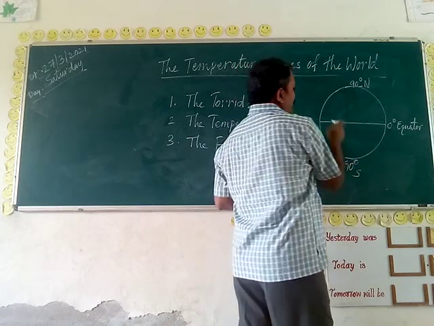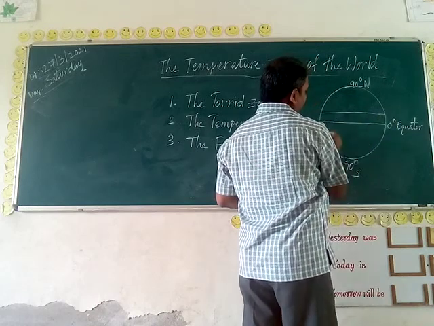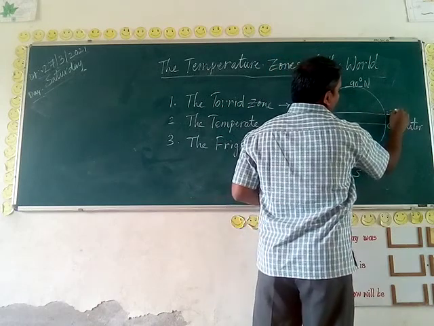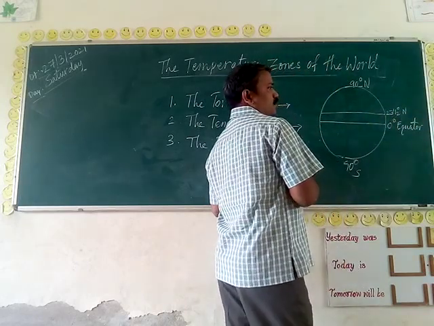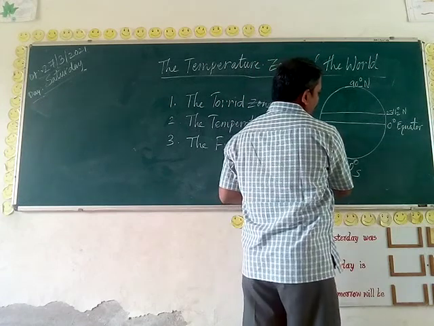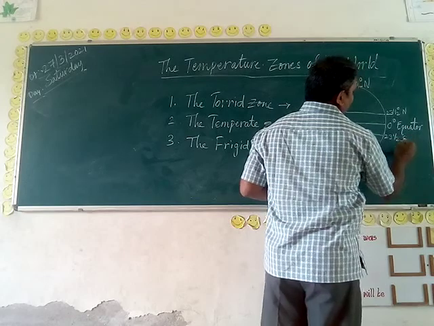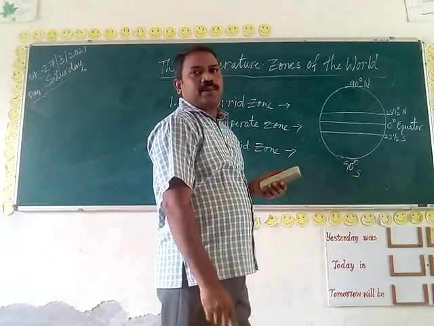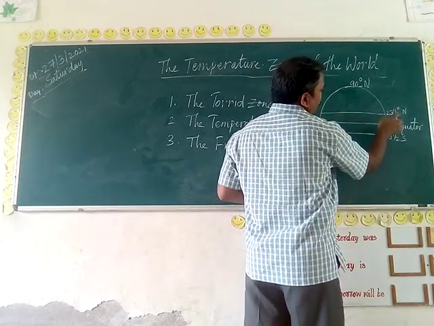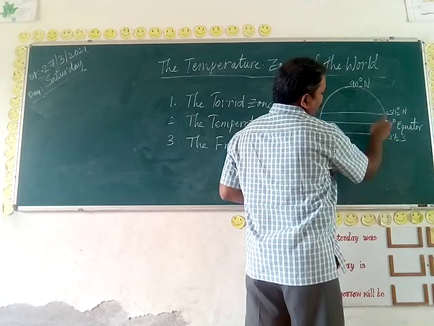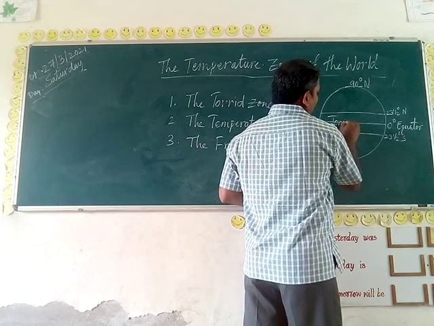From the equator, 23.5 degrees north is called the Tropic of Cancer, and 23.5 degrees south is called the Tropic of Capricorn. From 23.5 degrees north to 23.5 degrees south is the torrid zone.